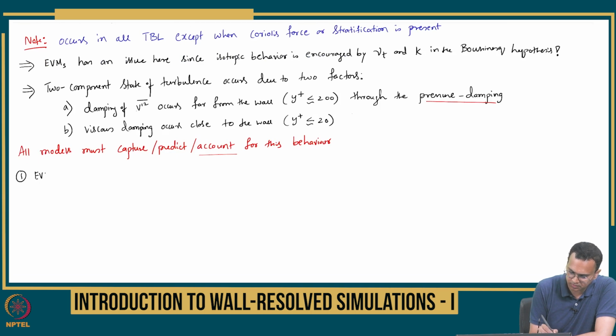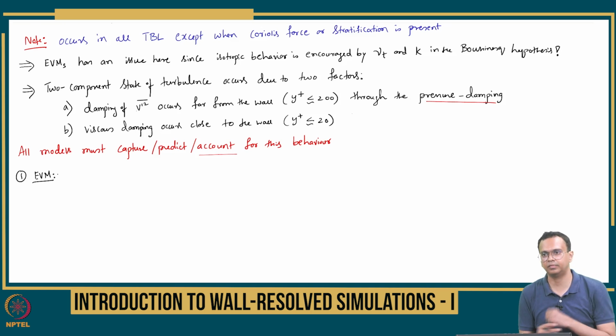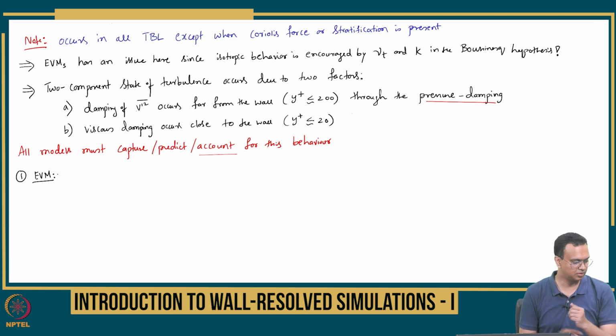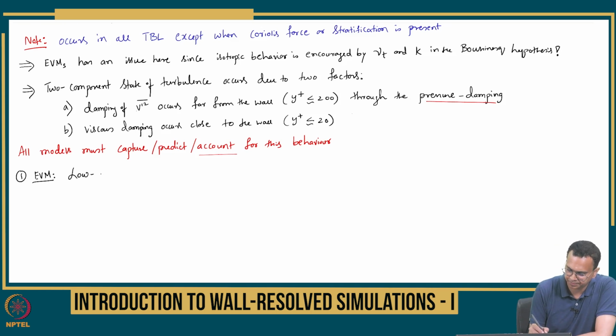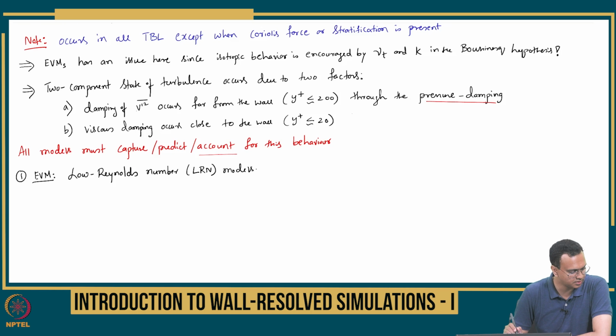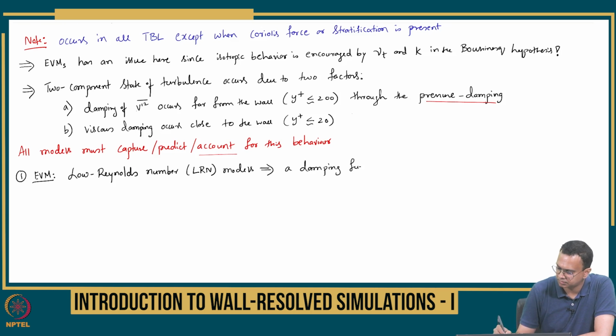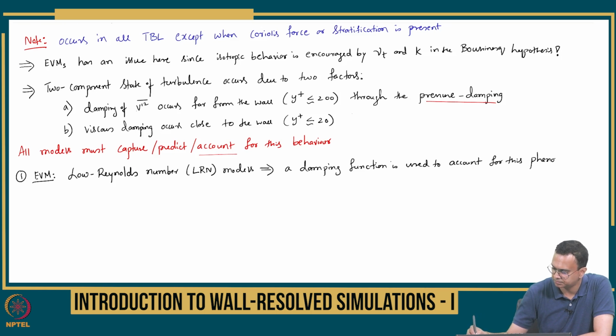In this one, we need to do what is called a low Reynolds number formulation, or LRN models. What these low Reynolds number models do is introduce a damping function to account for this phenomenon.